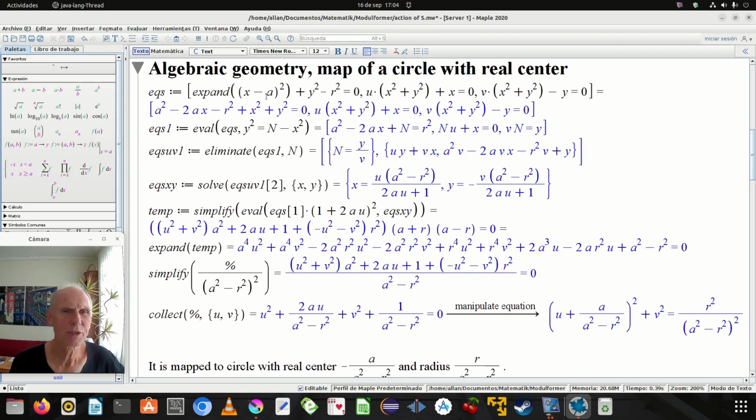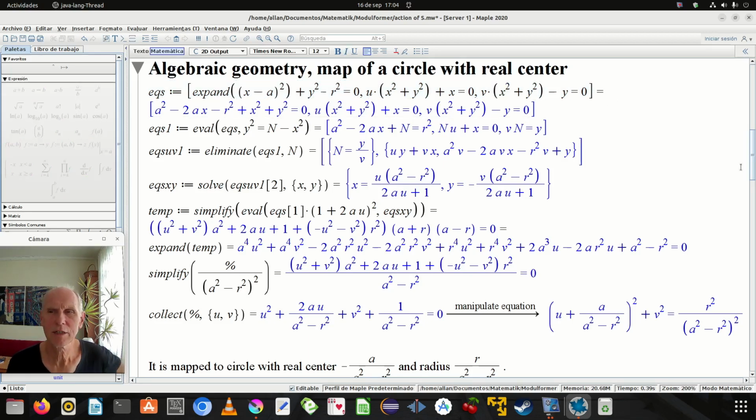Well, S maps x to minus x divided by this, and y to plus I times y divided by this.